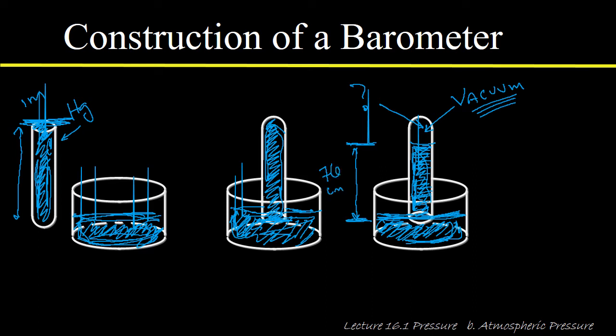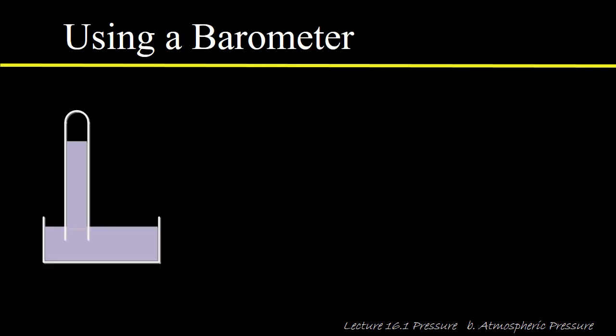It was always about 76 centimeters. Or, we'll see this number a lot, 760 millimeters. That's the height from the surface here to the top of the liquid inside the tube. All right, now let's take a look at how that tells us about atmospheric pressure.